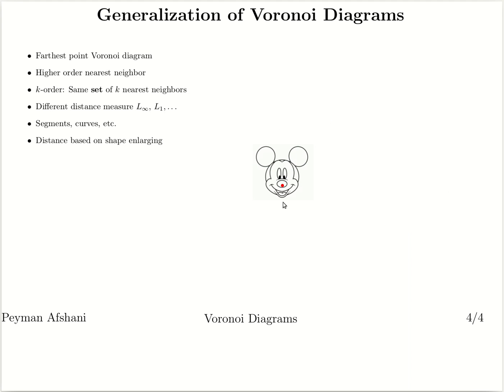For example, I could have a shape like this that I have pinned at this point of the shape. To define the Voronoi diagram, I might just define the distance.